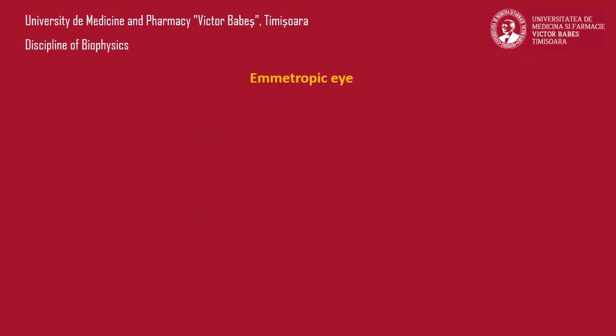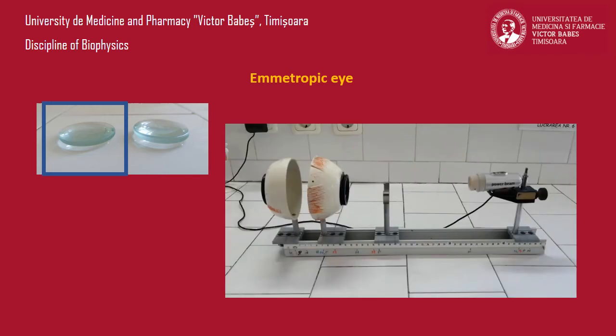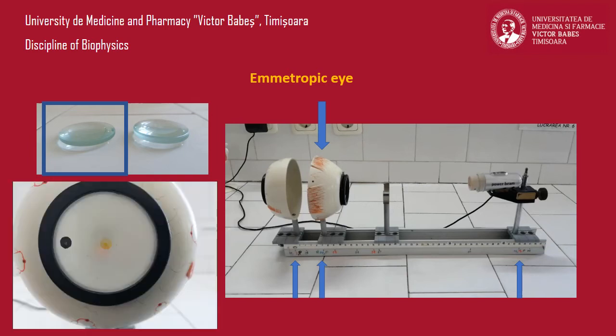You will now study vision for distant objects. Choose the lens that simulates the crystalline accommodated for faraway objects, the thin biconvex lens. Place the holders in the same positions and replace the lens simulating the crystalline. Compare the image you obtained previously with the one in the new conditions.